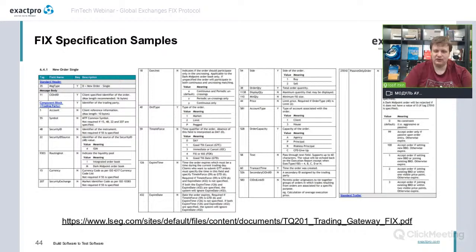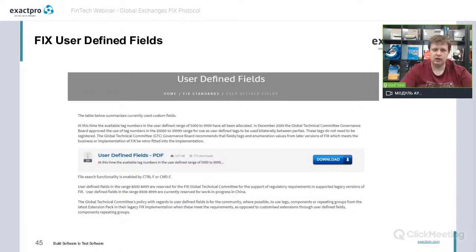So the FIX Trading Community allows a certain number of custom tags, and it also allows exchanges and brokers to add additional tags that are not standard without registering them. You can find more information on the FIX Trading Community website about user-defined fields.